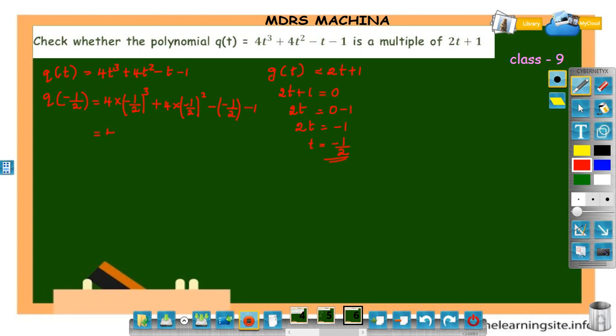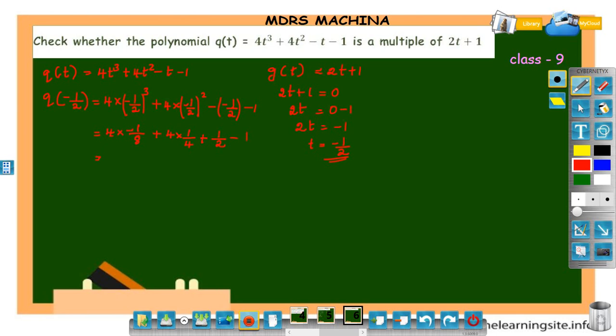So 4 into, a negative number to an odd power becomes minus. 1 cube is 1, 2 cube is 8, plus 4 into minus to an even power is plus. So 1 square is 1, 2 square is 4, minus into minus is plus half minus 1.